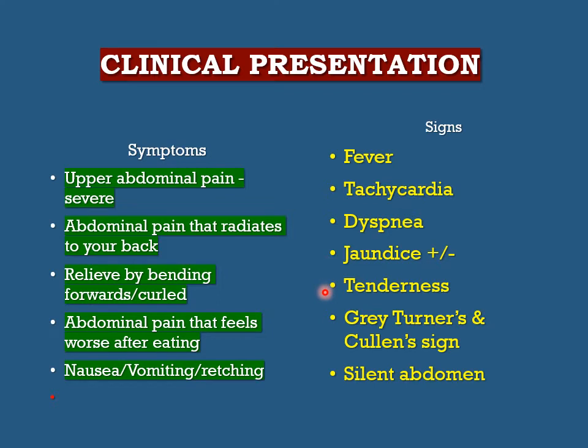There is usually tenderness in the epigastric and paraumbilical region. In severe cases, you may see Grey Turner and Cullen signs, and very commonly there is intestinal ileus, which is detected by a silent abdomen or absent bowel sounds.